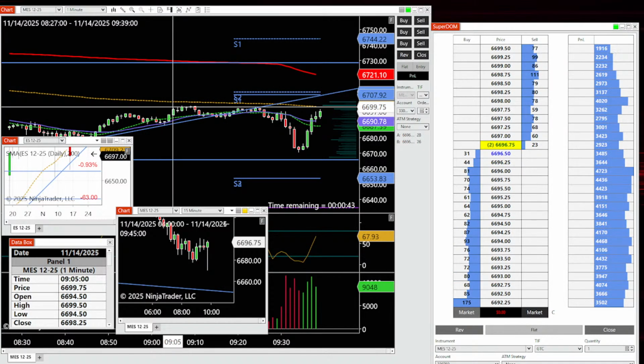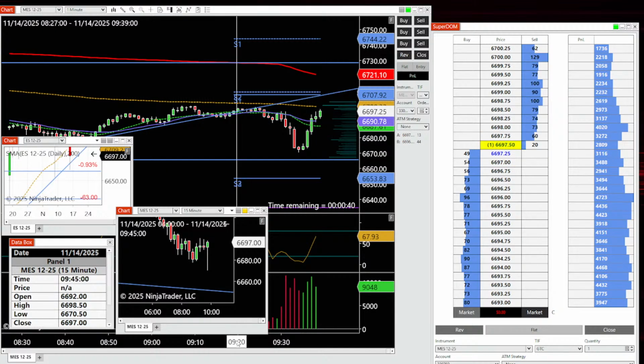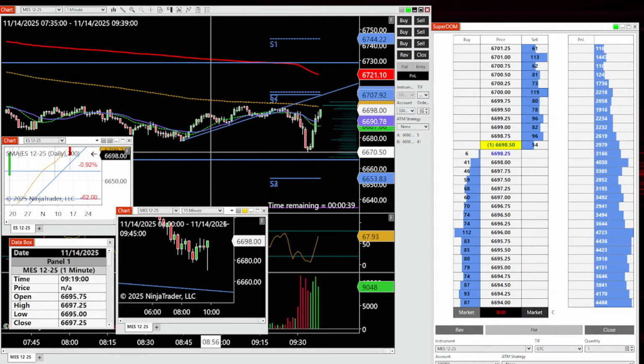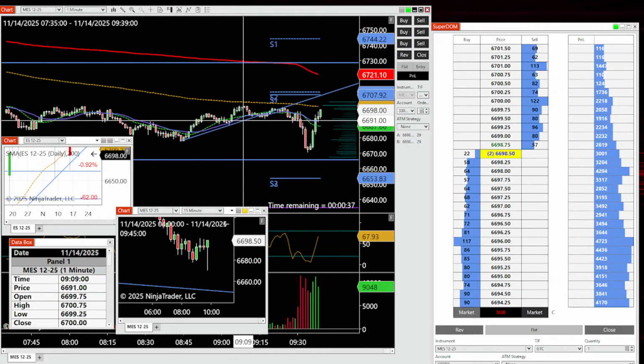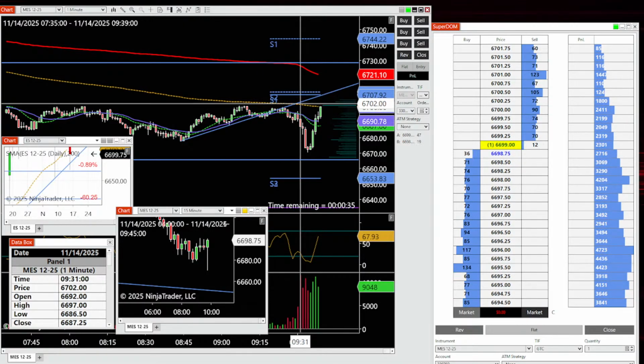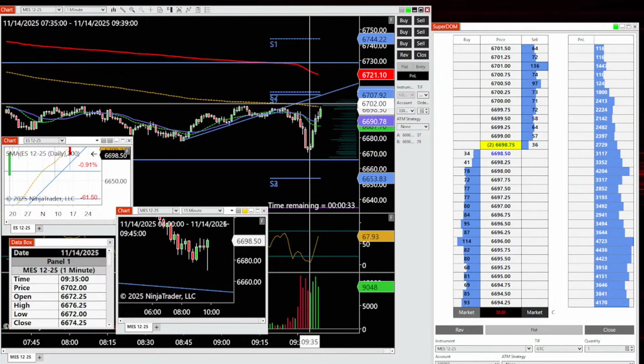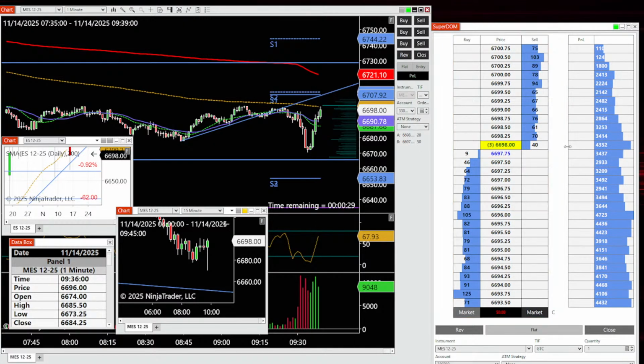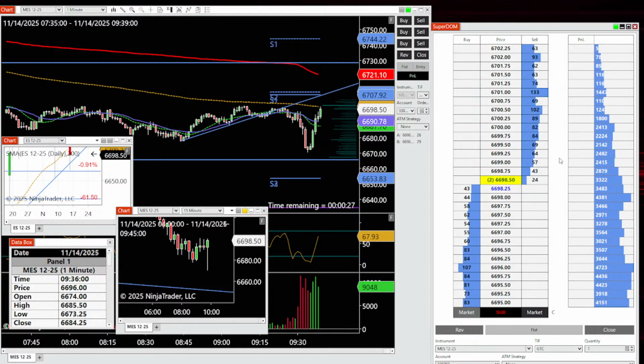The next resistance, 50 moving average. We had an uptrend right here, minor uptrend. So we're back up to 6702. Back over 6700.